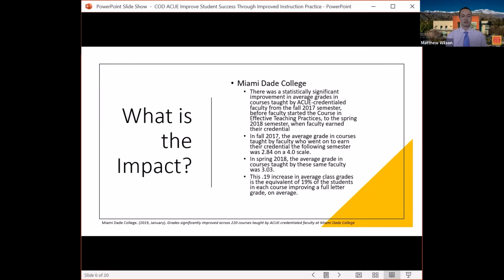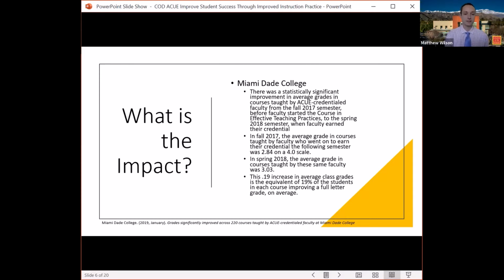So at Miami Dade, they actually evaluated the same faculty members prior to taking this class and then at the end of that 2018 semester when they were finishing up. And over that period of time, those teachers had statistically significant improvements compared to their own selves prior to taking the class.